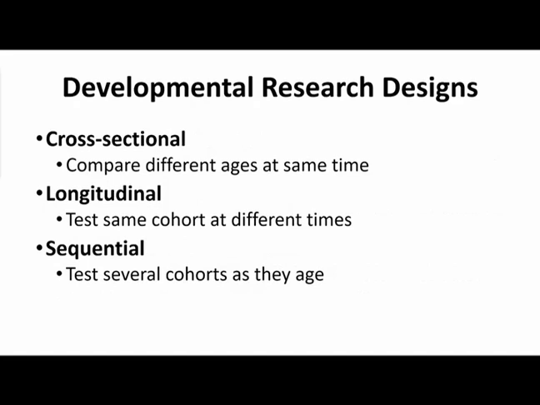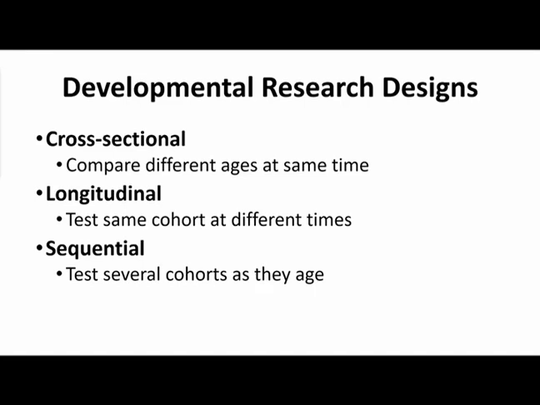Now, in order to talk about how people change across a bunch of different metrics or measures over time, we actually have to measure people at multiple time periods over their lives. And there are a couple of different ways that psychologists, and specifically developmental psychologists, can go about trying to capture this kind of information from different human populations.